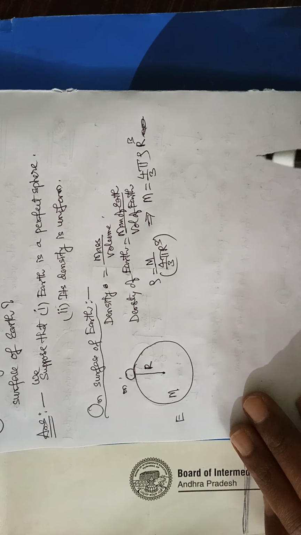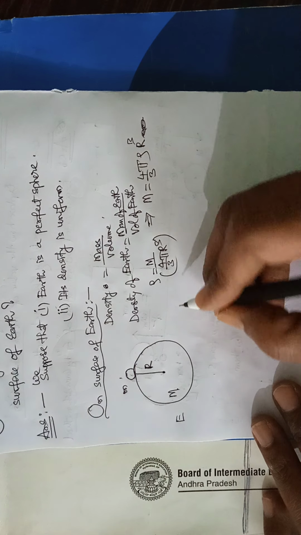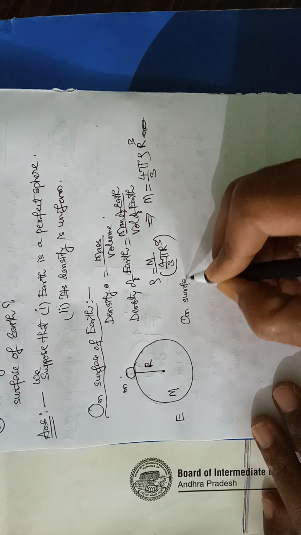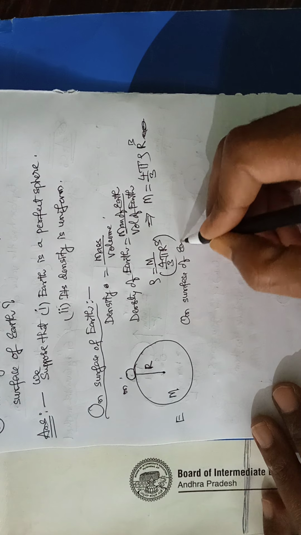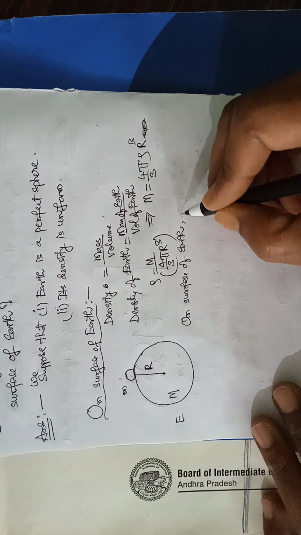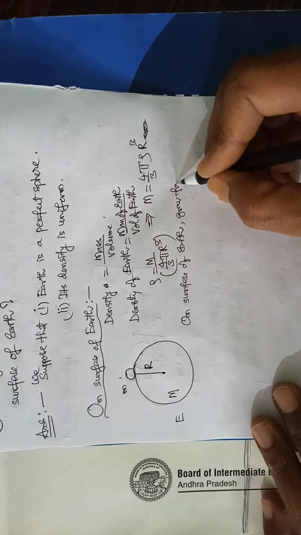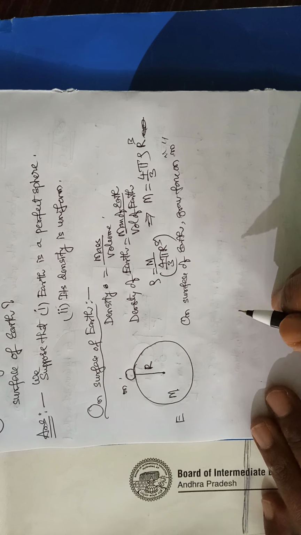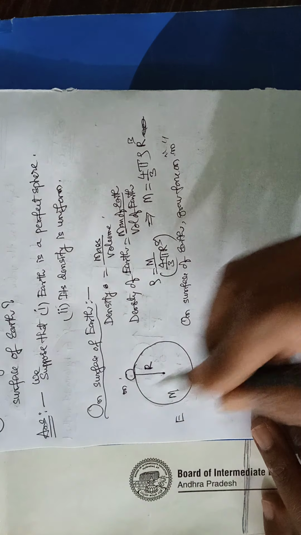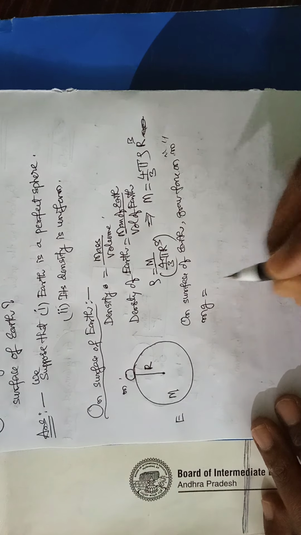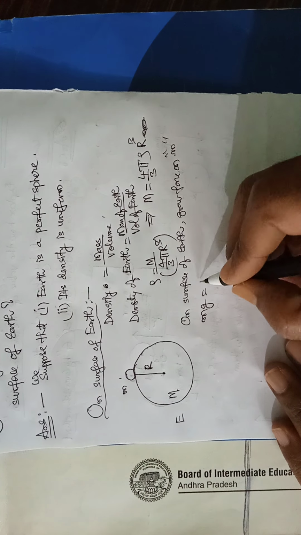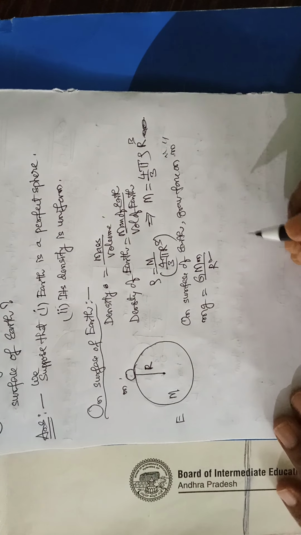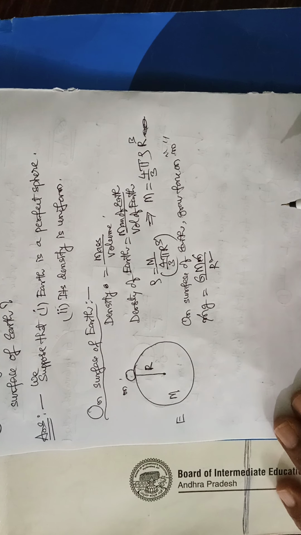Okay. Now on the surface of the earth, the gravitational force on m, using Newton's second law, is mg, and using the universal law of gravitation, the small m gets cancelled.